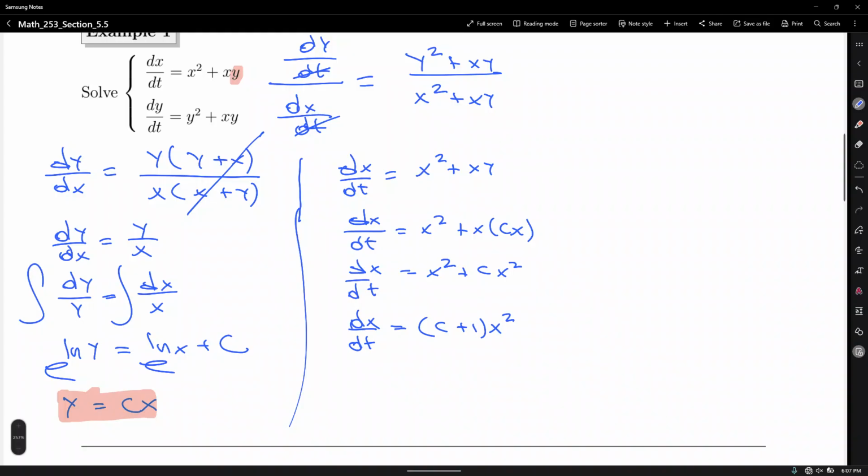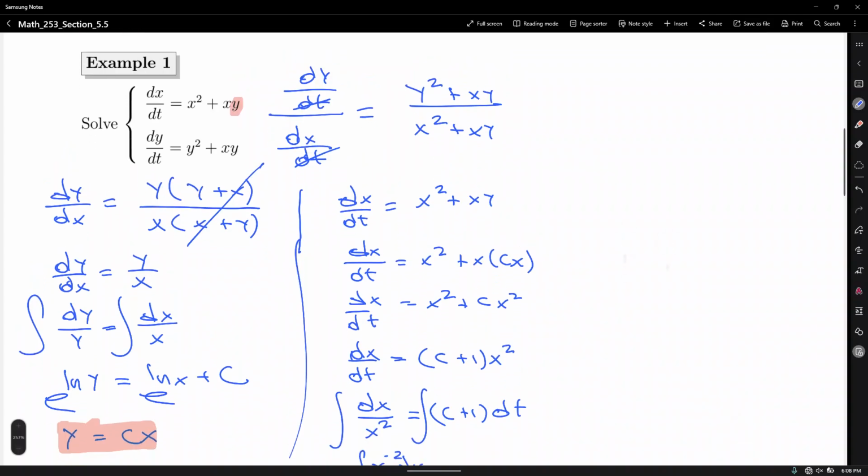Okay, so guess what? This is another separable equation, isn't it? dx over x squared equals c plus 1 dt. Integrate both sides. That'll be, essentially, the integral of x to the negative 2 dx, which is, what is that?